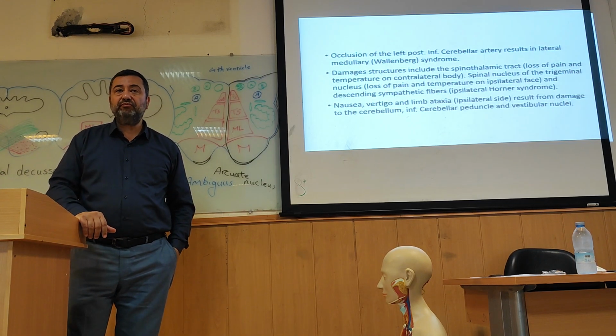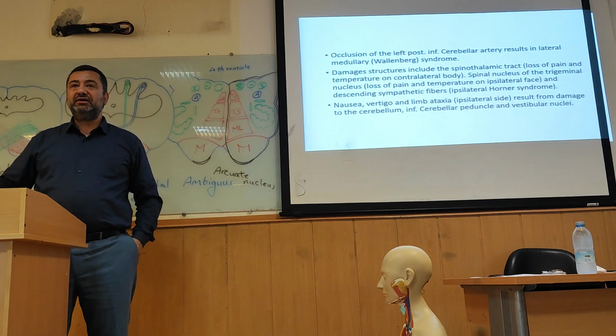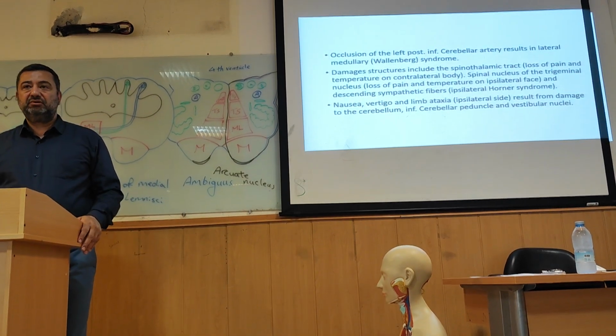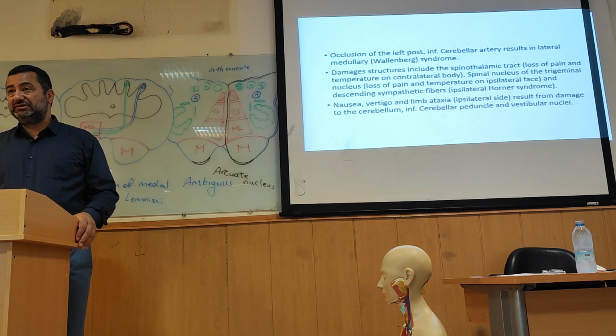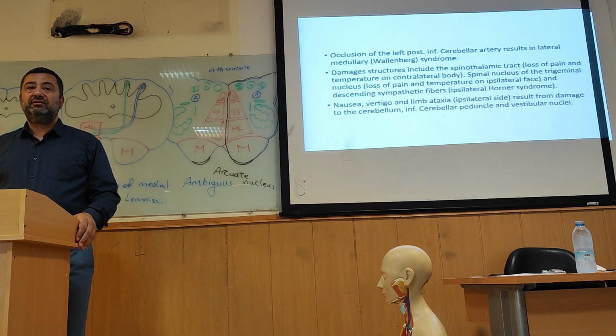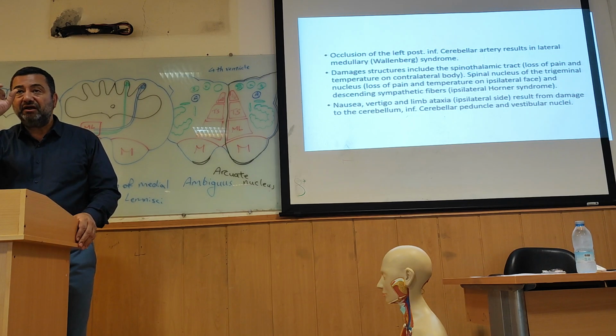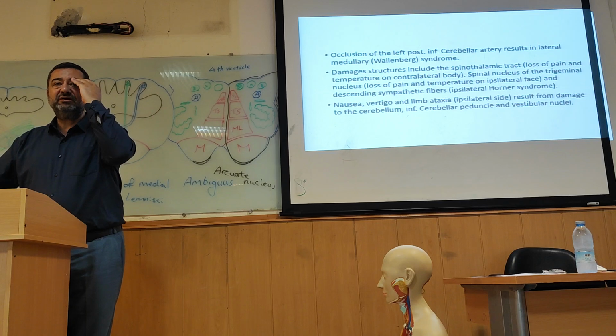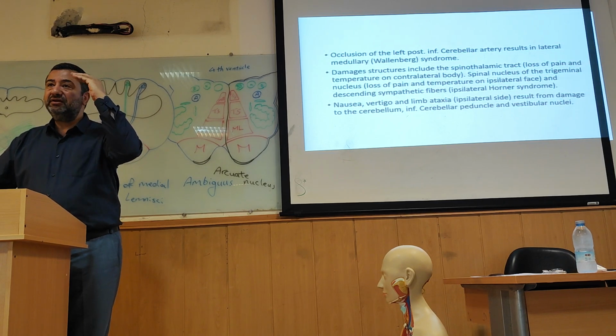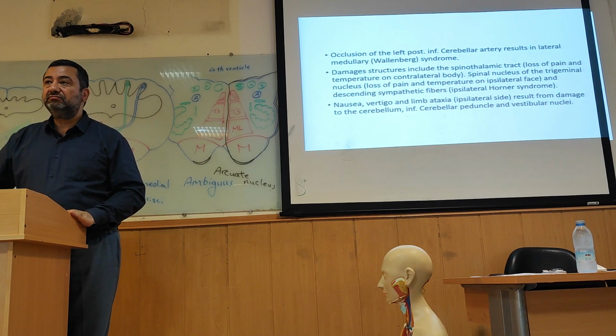In Horner syndrome, there are many signs and symptoms: ptosis, enophthalmos, and miosis. Miosis means contraction of the pupil on one side. Ptosis means falling of the eyelid. Okay?